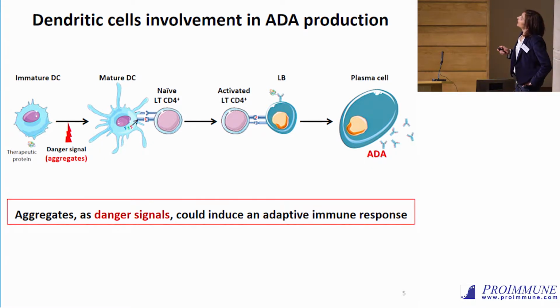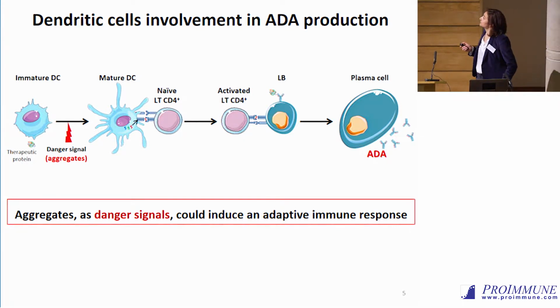So the hypotheses about cellular mechanisms involved in ADA production are quite classical. The therapeutic protein is captured by antigen-presenting cells, such as dendritic cells. And then the hypothesis is that aggregates may play as a danger signal and activate dendritic cells that are in turn able to activate naive CD4 T-cells.